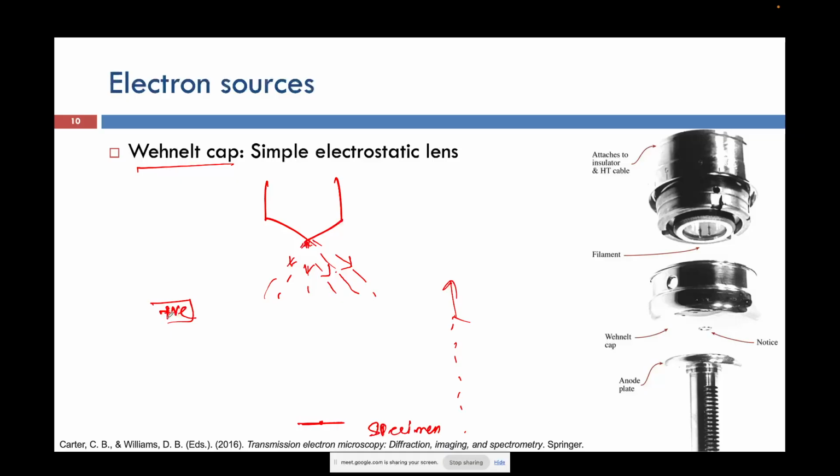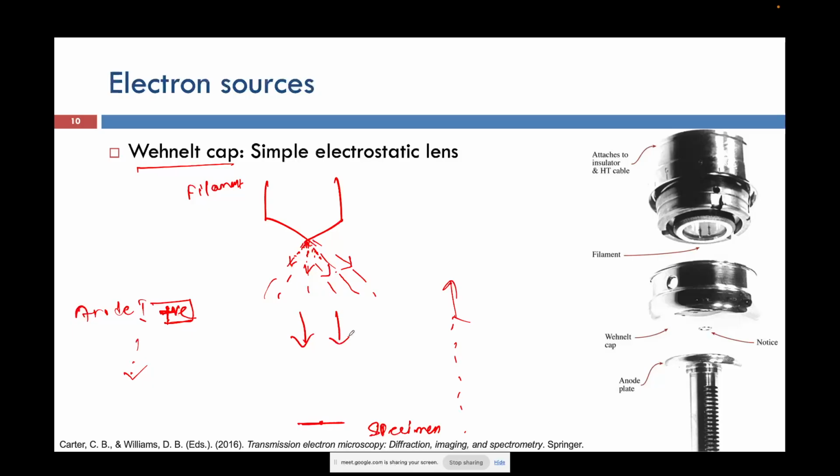Let's say this is my filament and this is my first anode, and subsequently another anode will also be there. But just after coming out, they will be going in all sorts of directions. If I do not do anything, there will be a huge difference between the number of electrons coming out and the number my anode is able to accelerate.